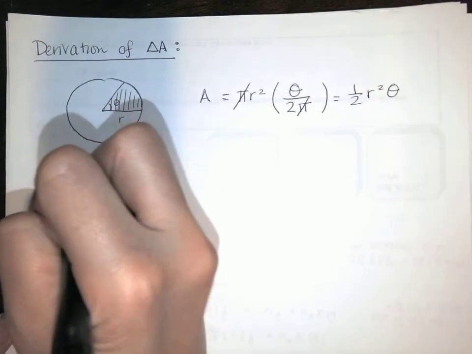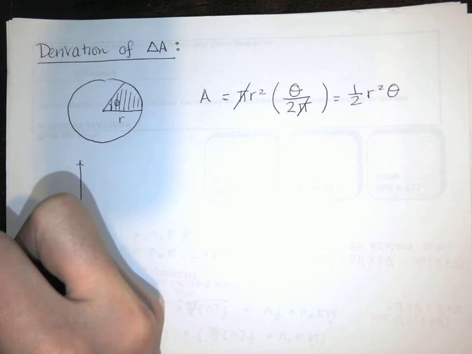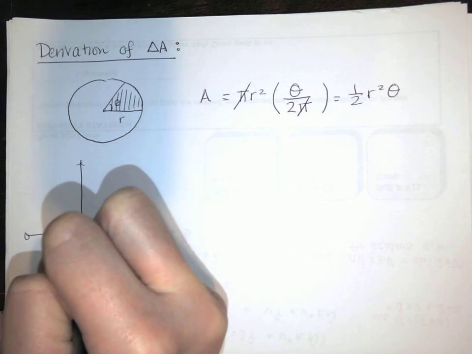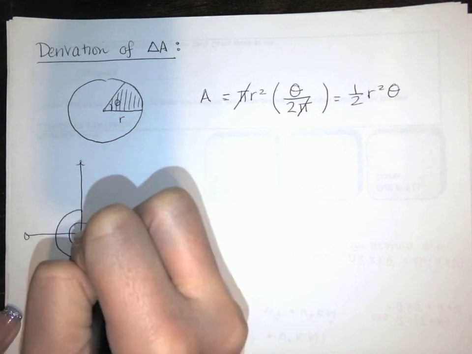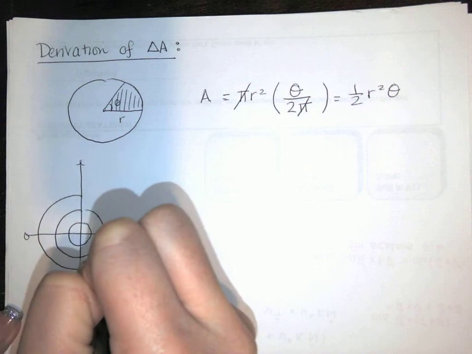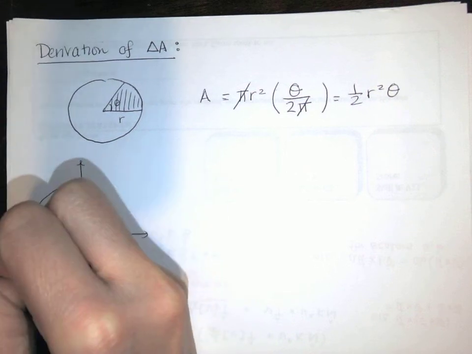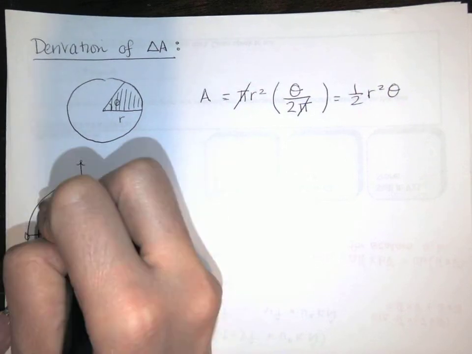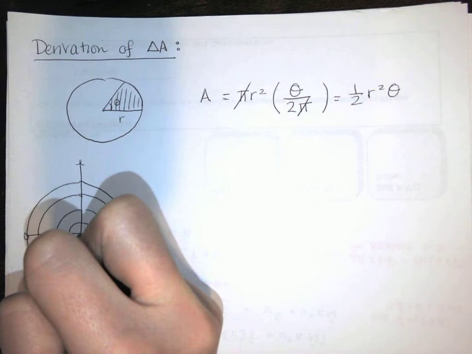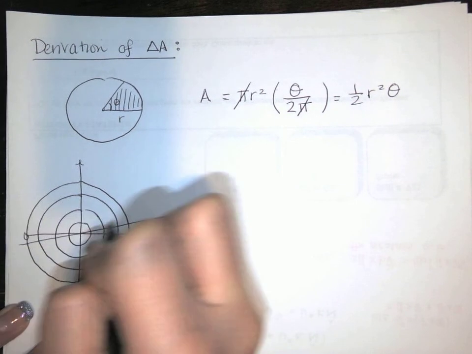So now let's go back to our polar grid. Here are some r values. I'm trying to make them evenly spaced, but it's difficult to do. And here are some theta values.